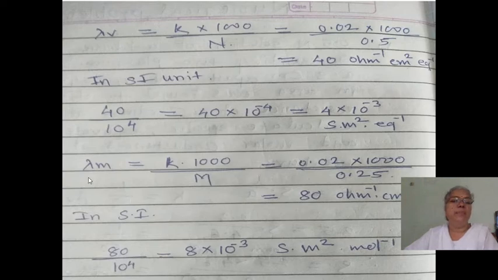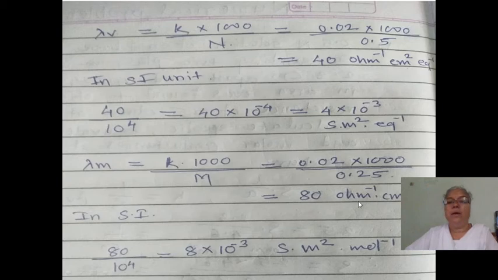And similarly, we can calculate the molar conductance by using the formula. Here simply normality is replaced by molarity in the calculation of molar conductance. Here kappa is specific conductance into 1000 divided by molarity. And remember that for dibasic acid, the given acid is dibasic, so the normality is divided by 2, and we get here value 0.25, and the solution of this gives 80.